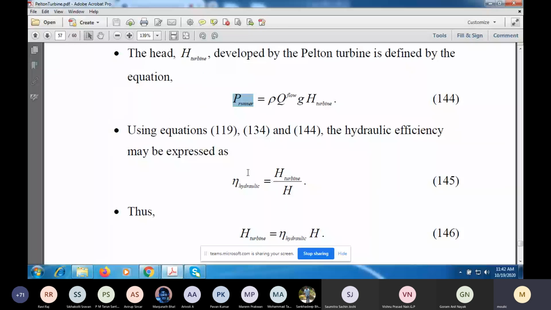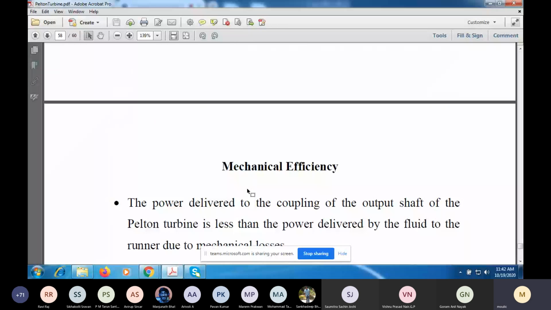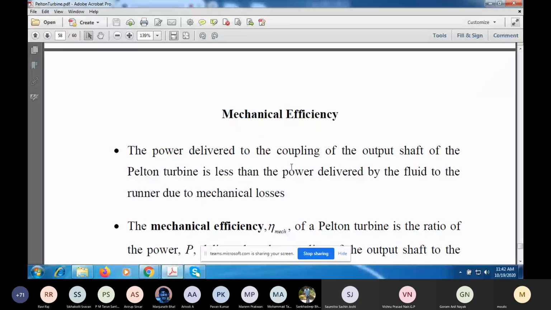Now, the power that is developed by the runner is not going to be equal to the power delivered to the output shaft of the Pelton turbine. So the Pelton wheel will be mounted on a shaft, and on the same shaft you will have an alternating current generator, an electric generator. So that will generate electricity.